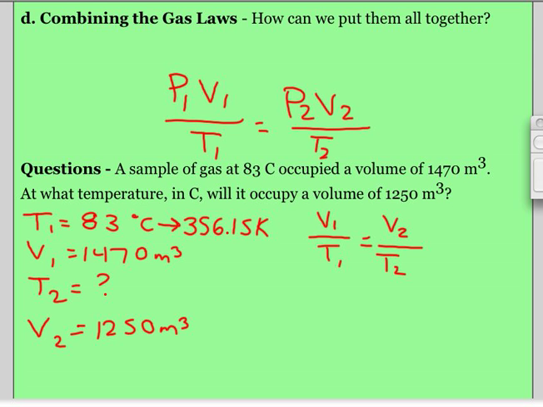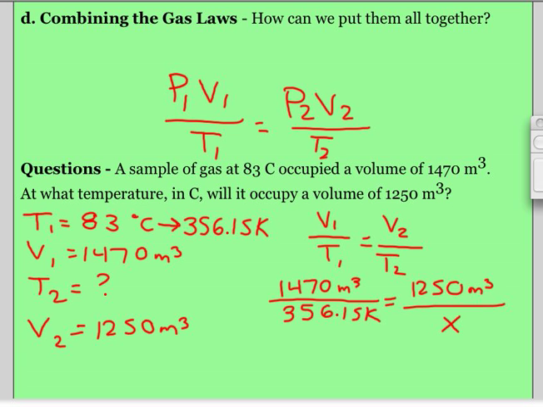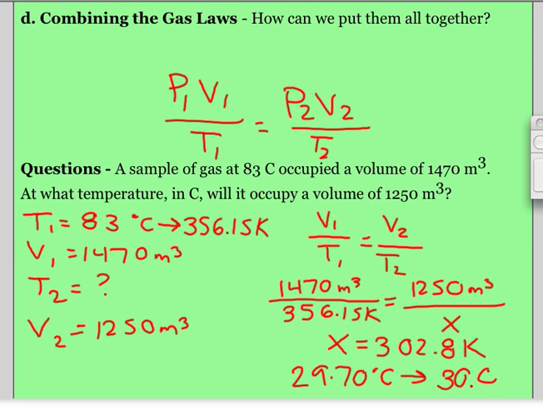If we plug that in, we have 1,470 meters cubed over 356.15 Kelvin equals 1,250 meters cubed over X. When we solve for X, we get 302.8 Kelvin, which is 29.70 degrees Celsius, or 30 degrees Celsius. So you have to be able to read the problem, say what are my variables, and then what equation do I need.